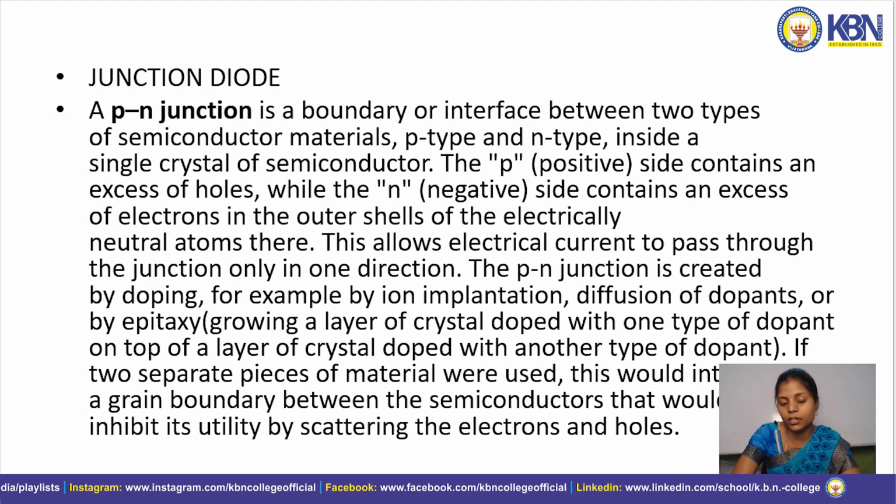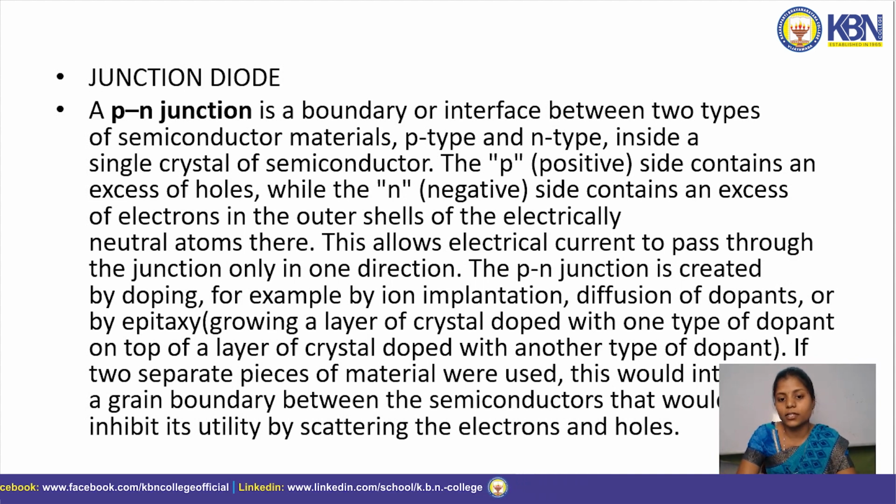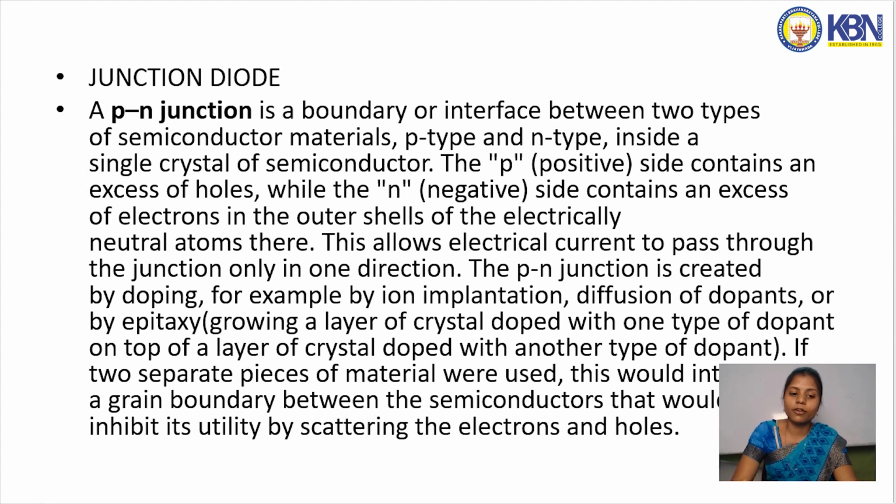It doesn't operate in a reverse bias condition because there is no current, since there is no breakdown of the depletion layer between the P type and N type layers. So the diode works only in a forward bias condition. Generally, these diodes are used for on and off purposes.